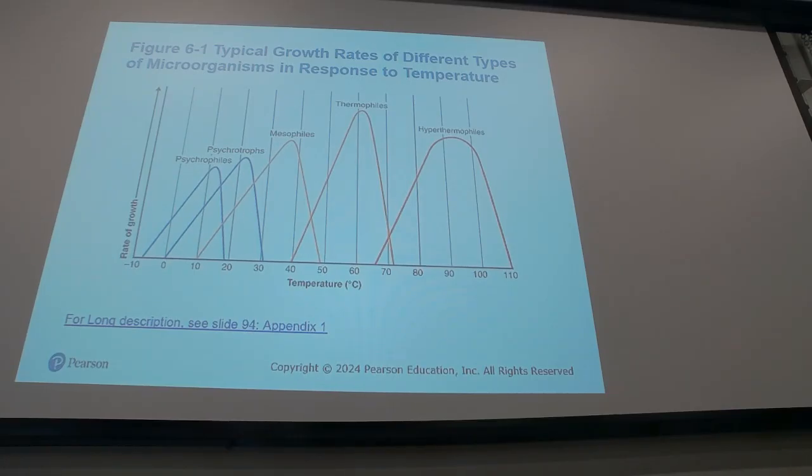so the temperature for growth and the curve tells you that metabolically speaking, you can reduce the metabolism at the lowest point of the range.